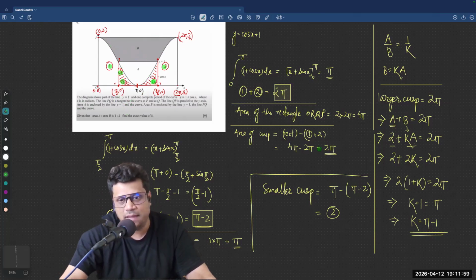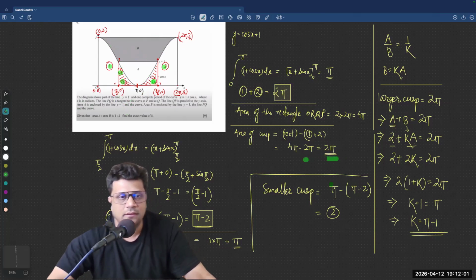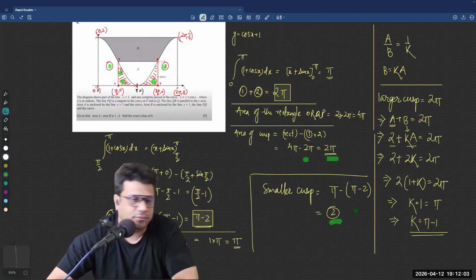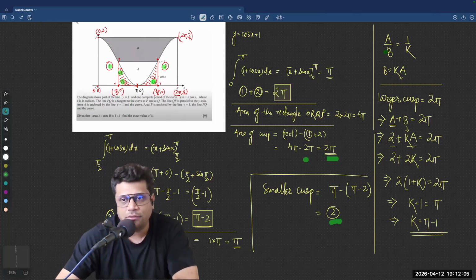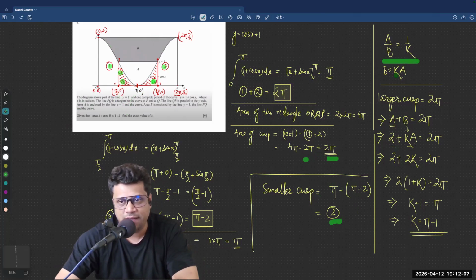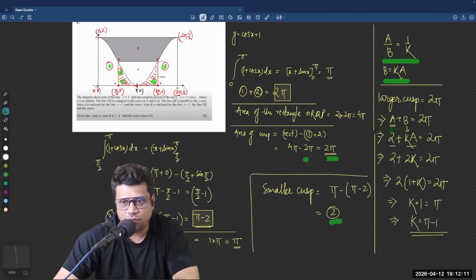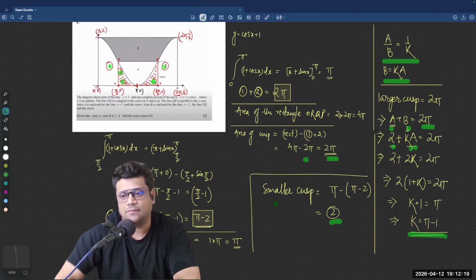The whole cusp came out to be 2 pi. The smaller one came out to be 2. And now you know that the ratio between area A and B is 1 by K, which means B is Ka. So A plus B, that is the whole cusp, is 2 pi. So 2 plus K into 2, and that's how K comes out to be pi minus 1.